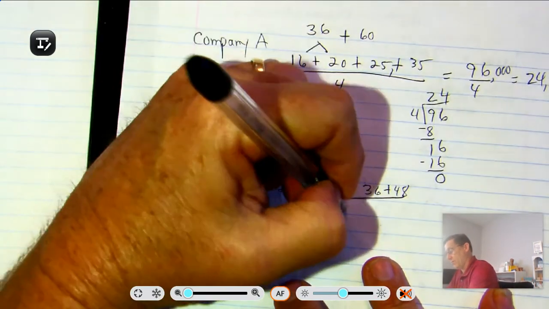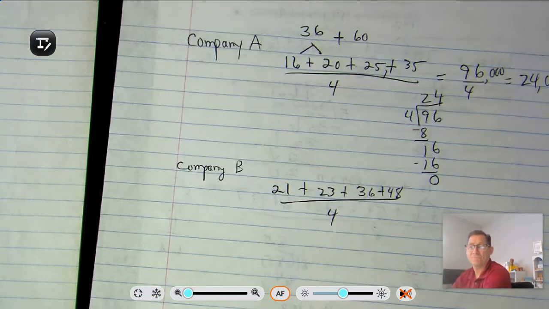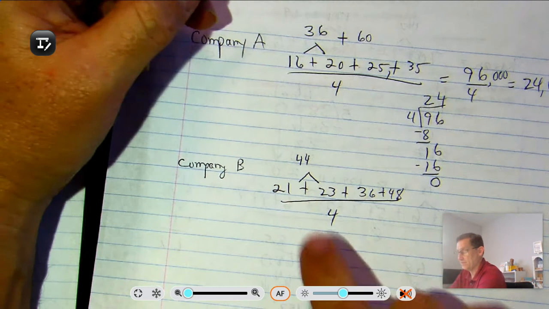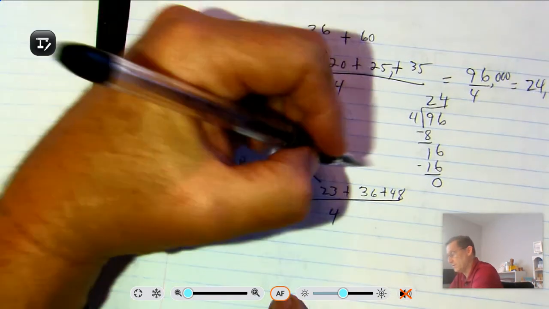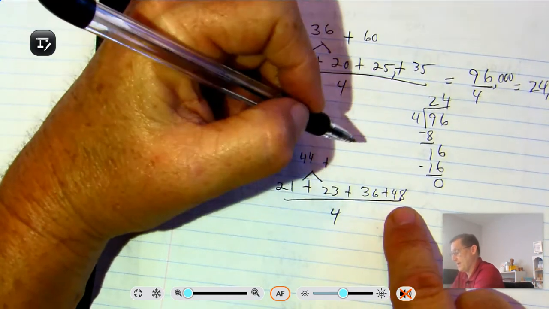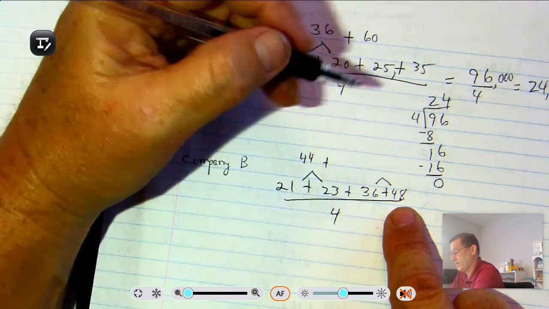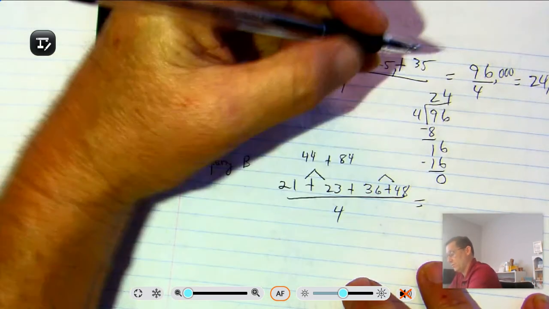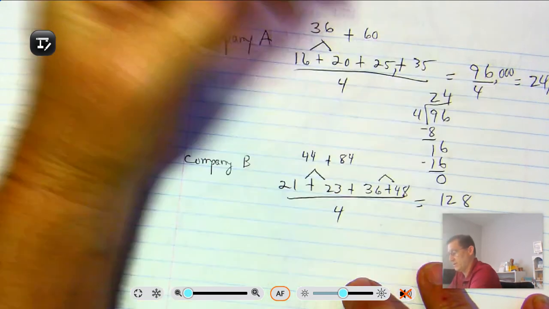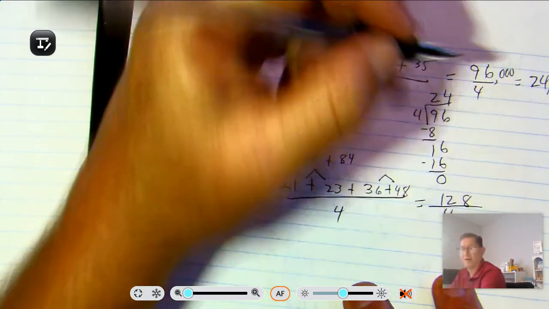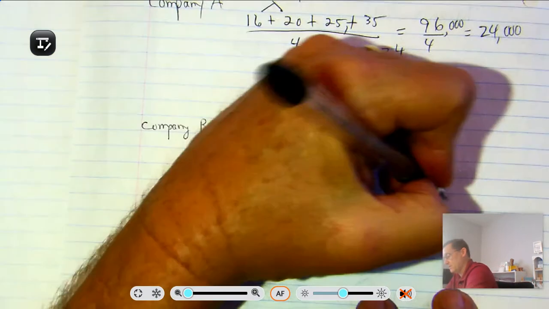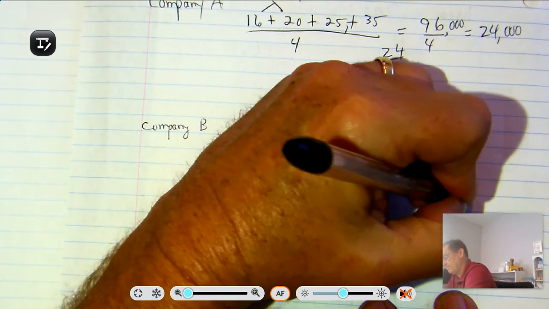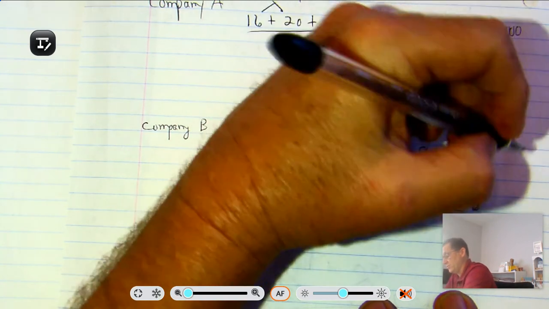And we're going to divide by 4. All right. 21 and 23 is 44. Again, these are in thousands, so 44,000. And 36 and 48 is 84,000 for a total of 128,000 divided by 4. So 128 divided by 4 is 32,000.